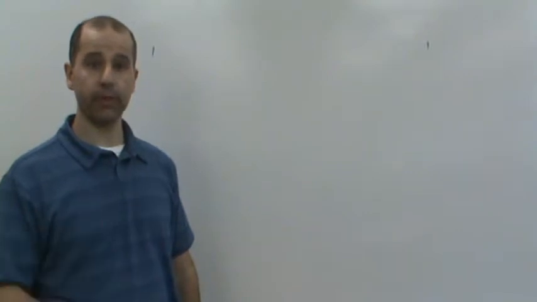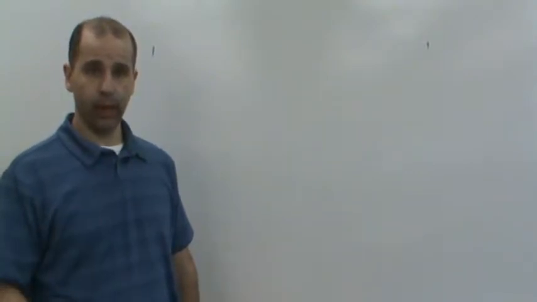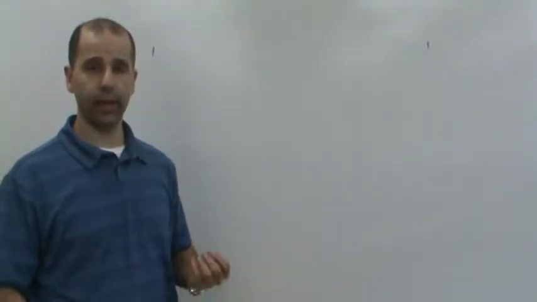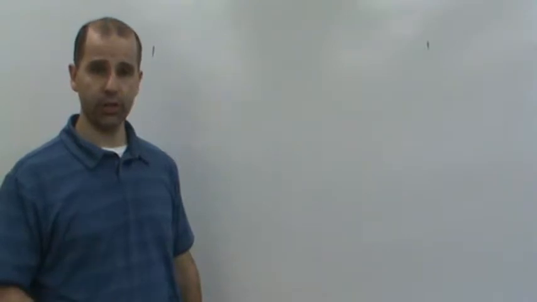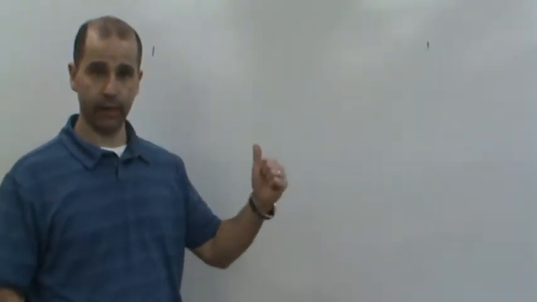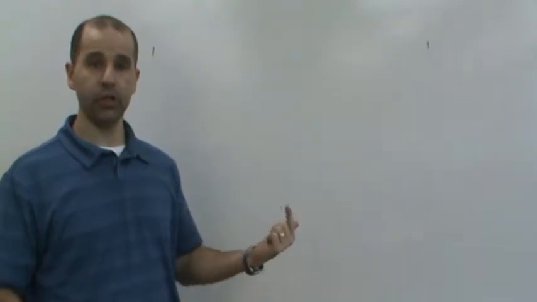Okay, welcome back. So here's what we're going to do today. We're going to talk about the next discrete probability distribution, and that's going to be the Poisson distribution. A Poisson distribution, again, is a discrete probability distribution, and it's going to have certain conditions, just like the other two that we discussed, the binomial and the geometric.